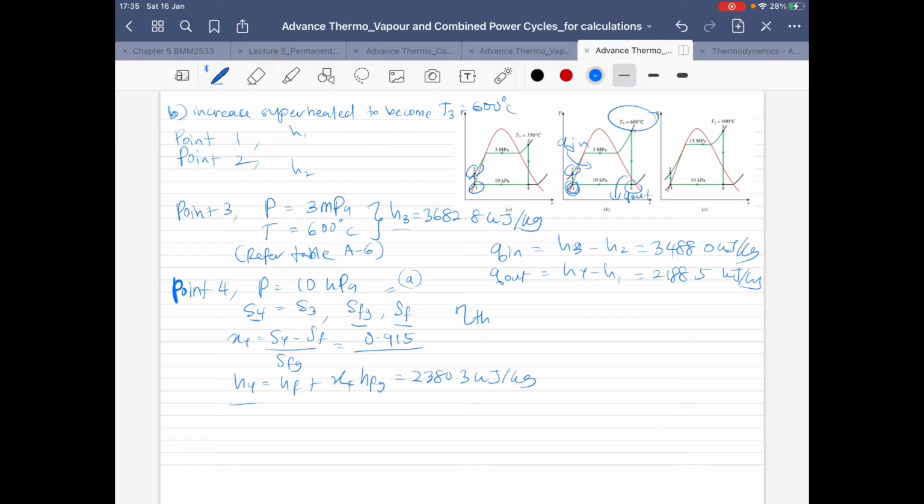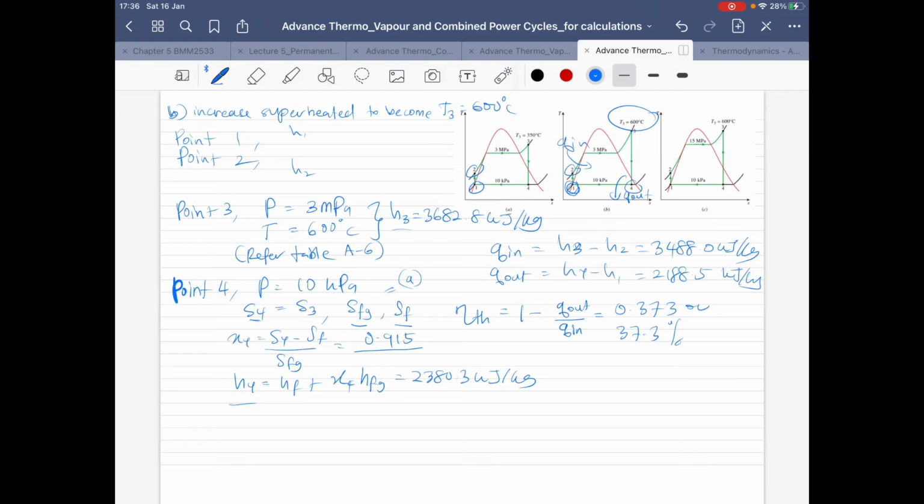Then definitely you can get the thermal efficiency for question B, equal to 1 minus Q out over Q in. Then you get the value of 0.373, or 37.3%.